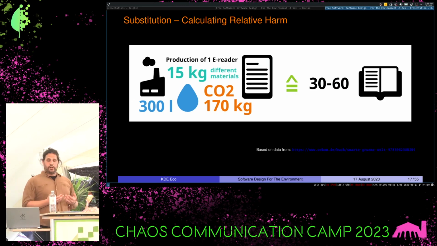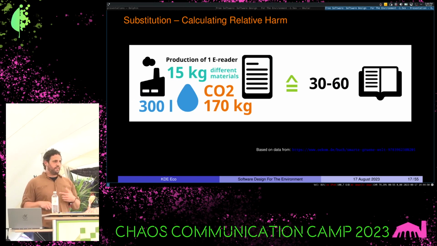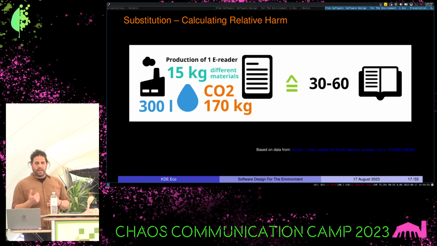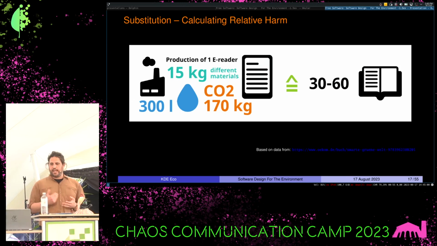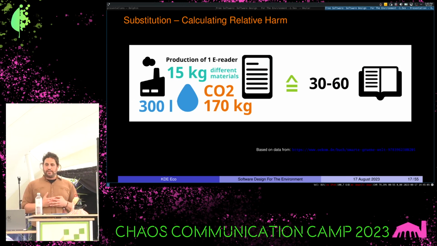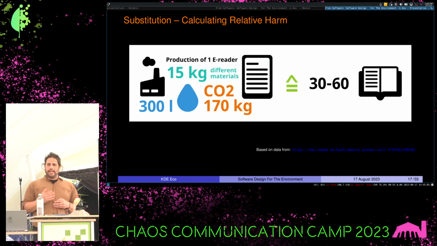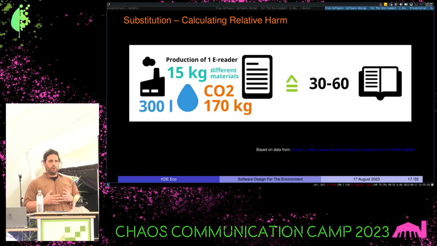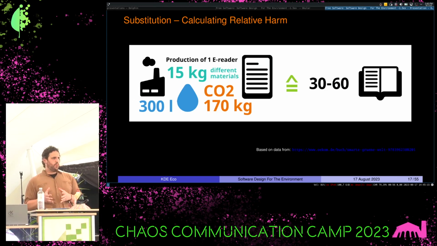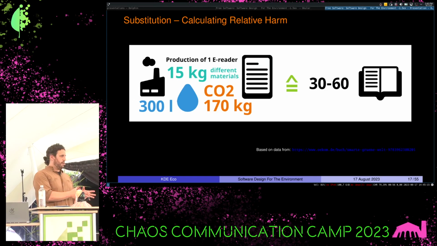The production of an e-reader also contributes to environmental harm in terms of the different materials that go into it, often toxic. Per device, 300 liters of water are required, and one estimate has CO2 emissions at 170 kilograms per device. And Lange and Santarius estimate that if you read about 30 to 60 paper books or more, at that point it's worth getting the e-reader.